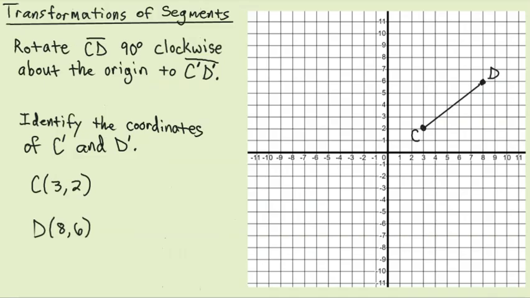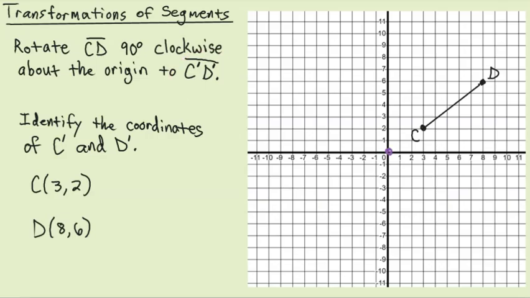All right, so here we are. Here's segment CD. And I'll remind you, if we were going to write that geometrically, that's how we would write it. We could also just as easily write it segment DC. That's fine. It has two endpoints. So this says rotate segment CD 90 degrees clockwise about the origin to segment C prime D prime.